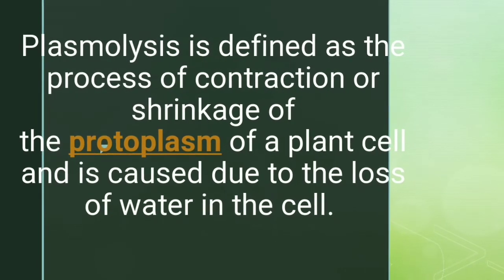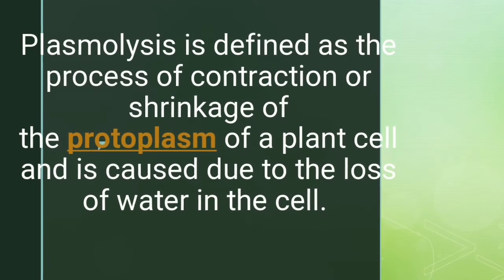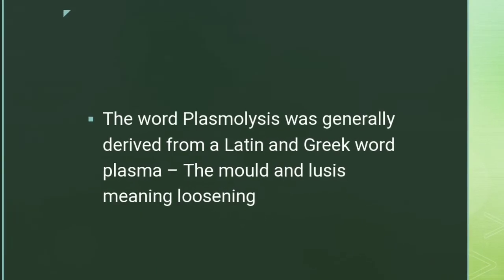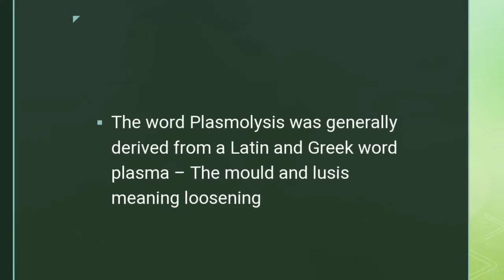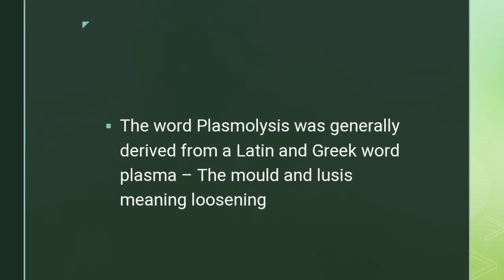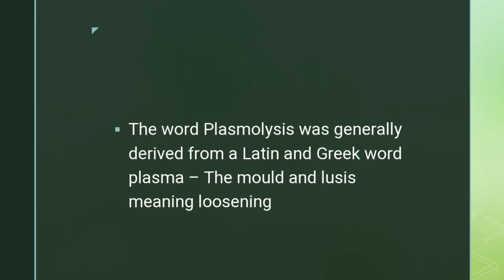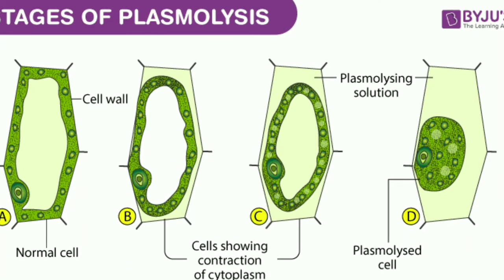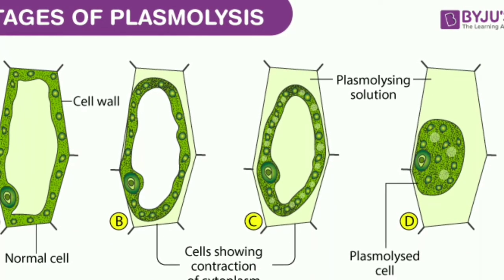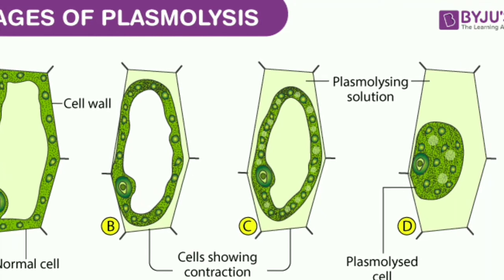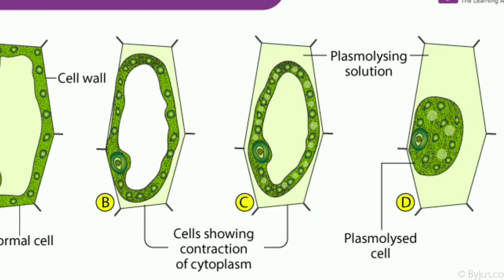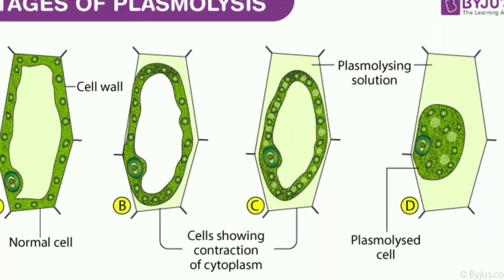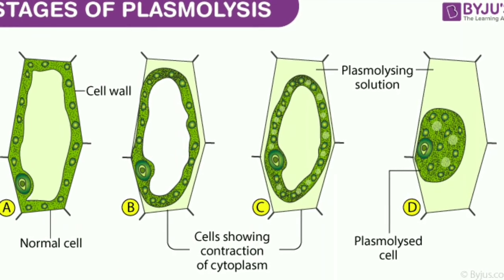Protoplasm is the liquid fluid part of the cell which we learned previously. Plasmolysis is derived from Latin words: plasma means mold and lysis means loosening. As plant cells have a cell wall, we can easily see the shrinkage of the protoplasm in a spherical shape. You can see in this image how a normal cell shrinks after being kept in hypertonic solution.